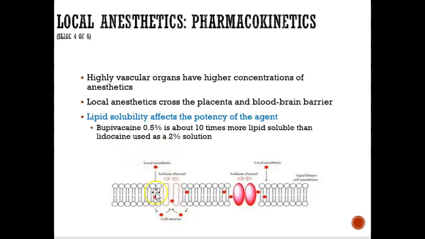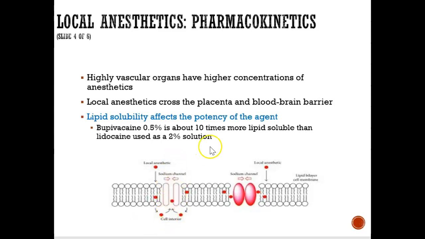There are some local anesthetics that are more lipid soluble than others. For example, this local anesthetic, bupivacaine, is 10 times more lipid soluble than lidocaine. That means bupivacaine will go through right away and plug in the sodium channel.